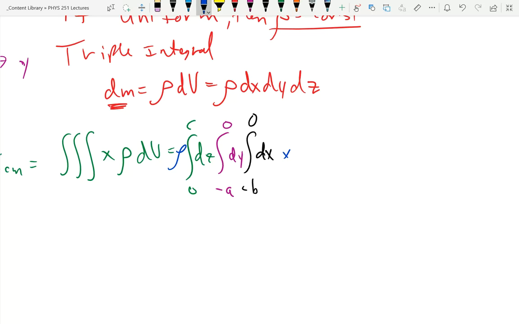Now the reason this is not difficult is because A, rho is constant, and B, we're completely uncoupled. That means my z's are all just in my z integral, my y's are all just in the y. No interrelation. So we just do these integrals. And then we have to remember all divided by.